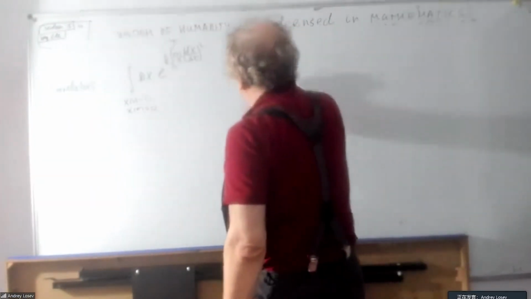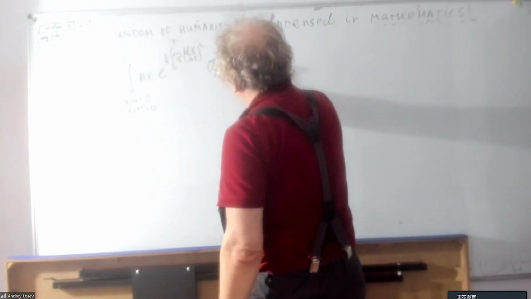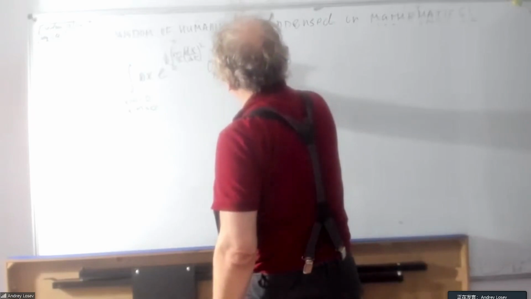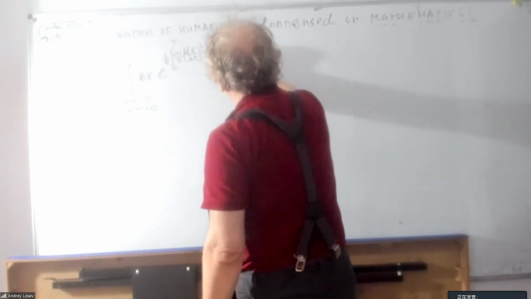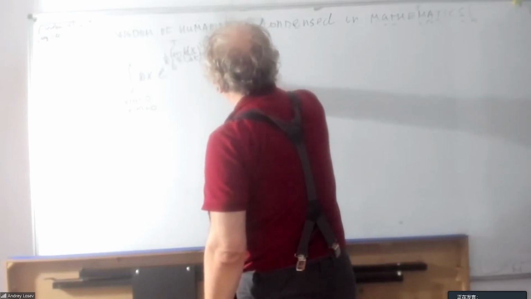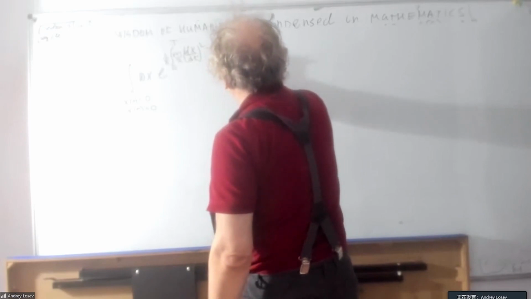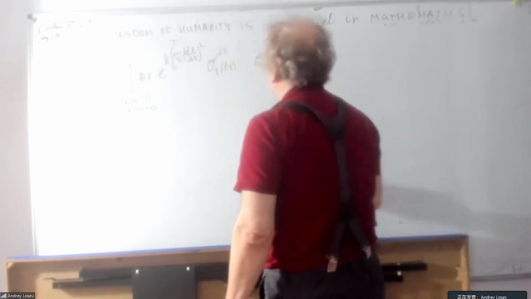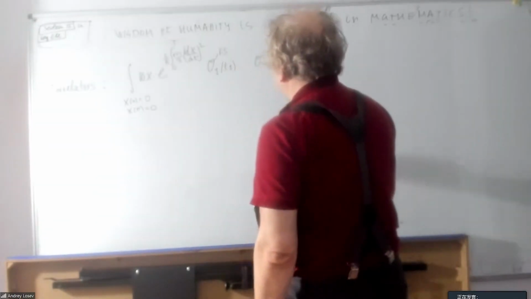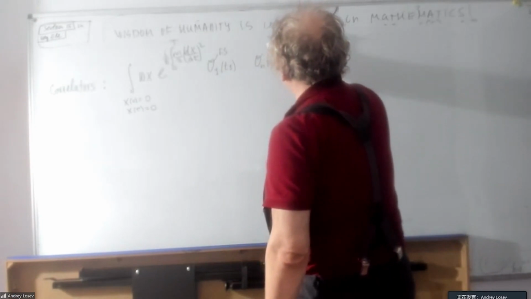And here, local observables in Feynman sense. I will call it this, O1 at point T1, On at point Tn.